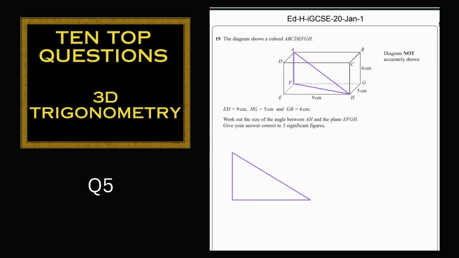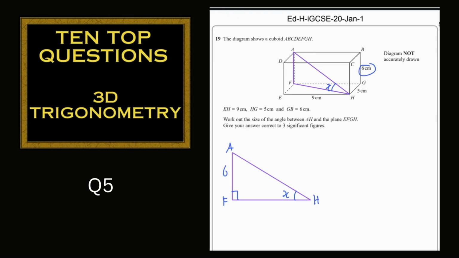Just shows you that right angle that little bit clearer. We've got A on top down to F, which we know is 6. We've got F to H, unknown, but can work it out, the angle we're after.